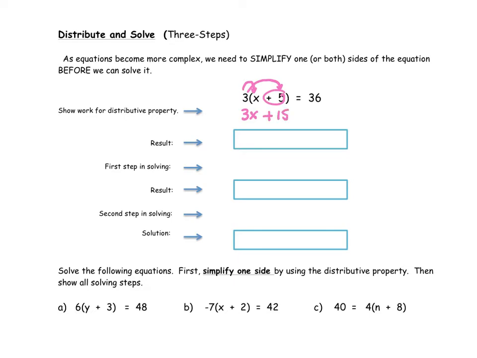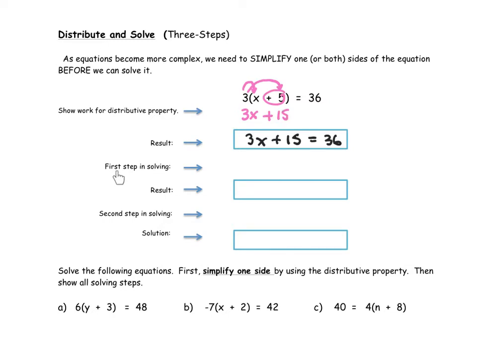So the result of what we just got done doing is 3x plus 15. That's where we use the distributive property. And I'm going to drop down, that equals 36. This side was kind of hanging out, waiting for me to release the parentheses using the distributive property.